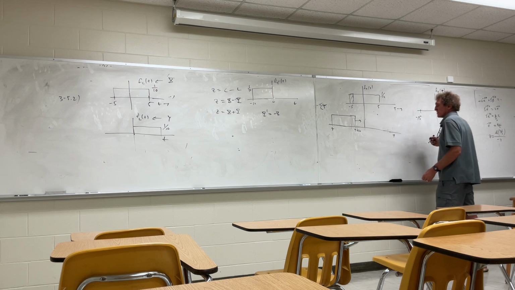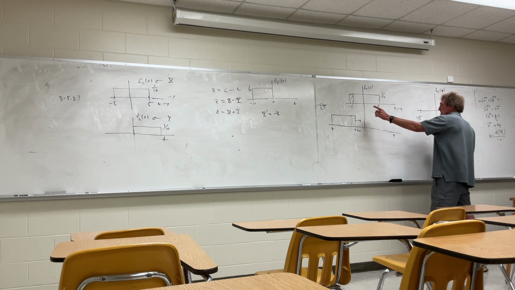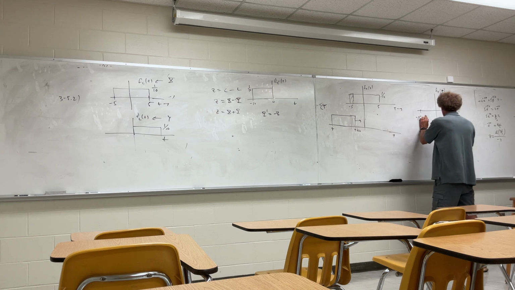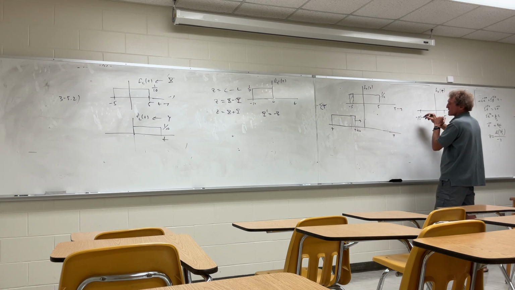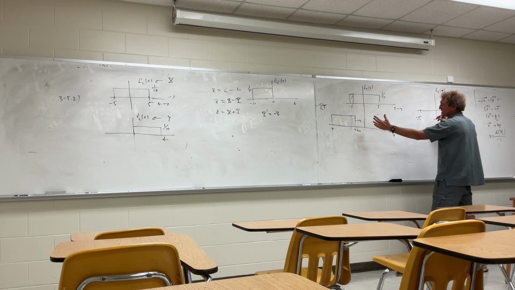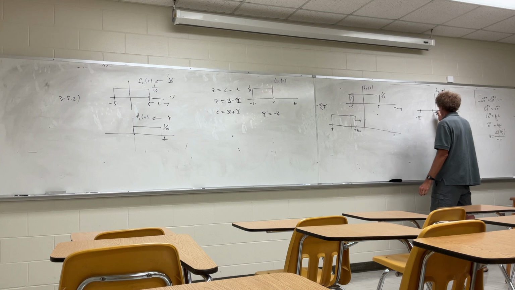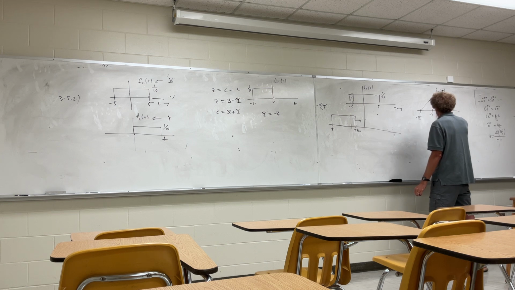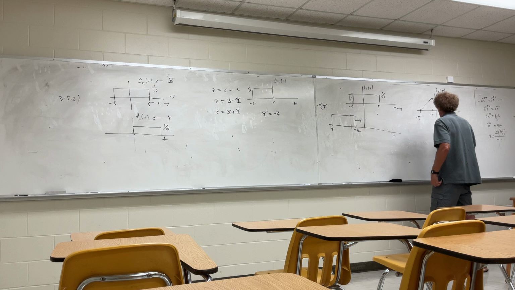Minus 15, and I know the total width of this thing: if the width of one is 10, the other is 10, the total width is 20, so it's going to go to plus 5. And for this, if you look at these boxcars moving together, the peak value will be right at the middle, so if I write it minus 5 here, it's not going to look right to you. And this value will be simply 1/10.